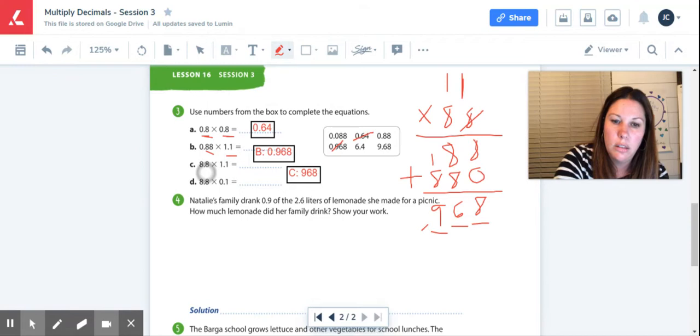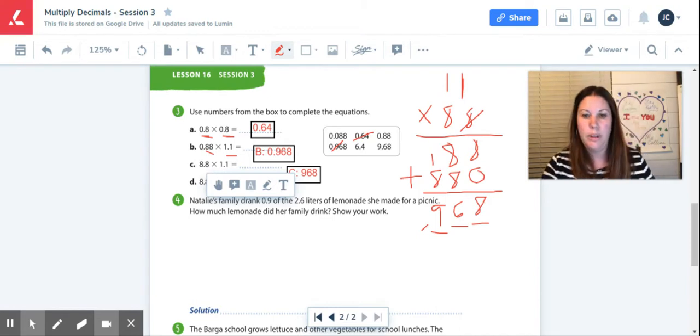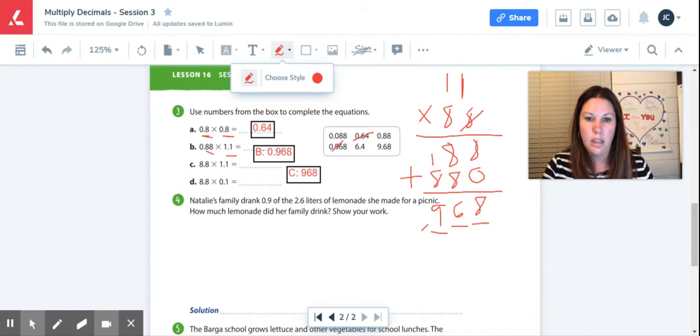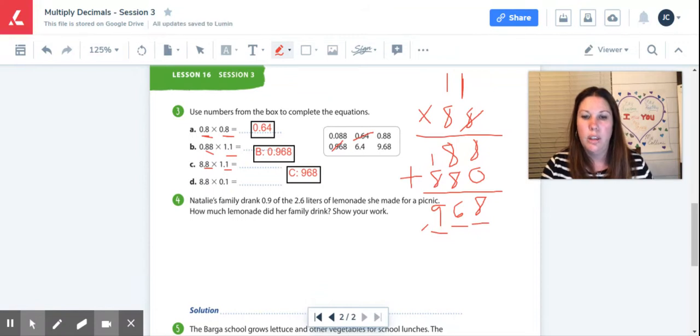Sometimes it wants to work for me, and sometimes it doesn't. Let's try it again. So there's 1 here, and then there's 1 here. So that means there's 2 decimal spaces.